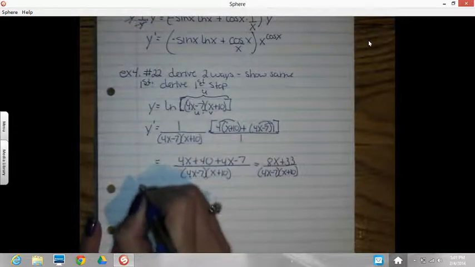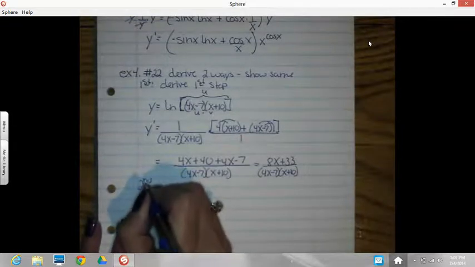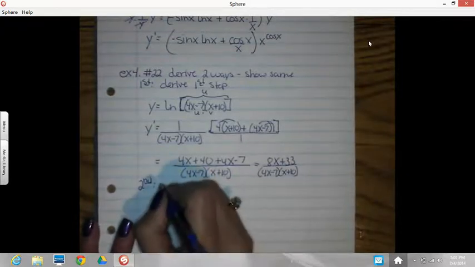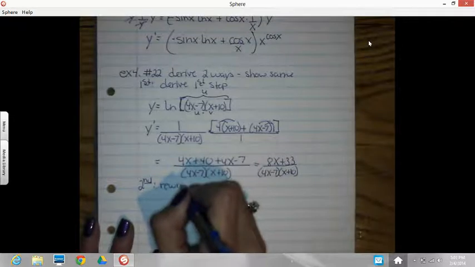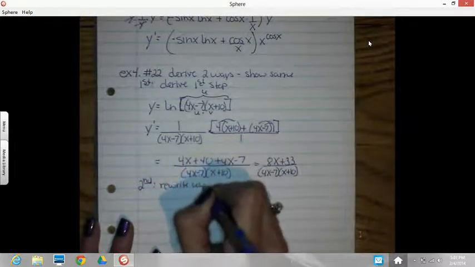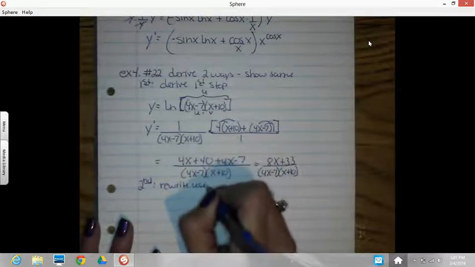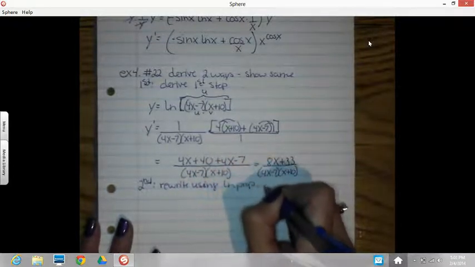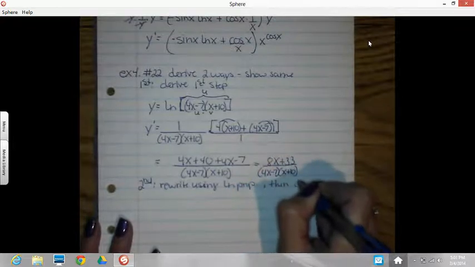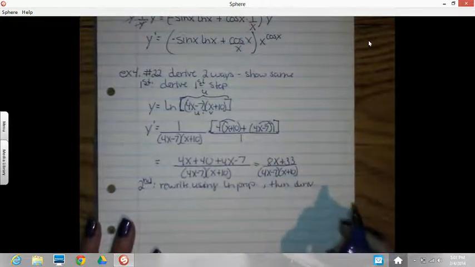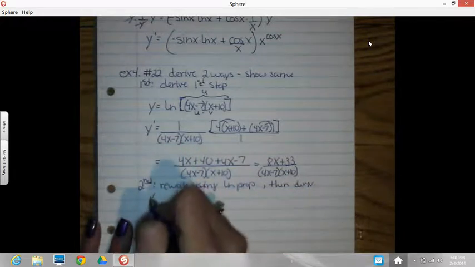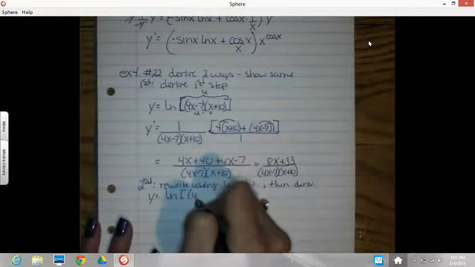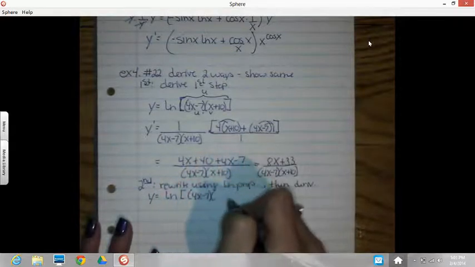The second way, hopefully it fits, we want to use a log property to rewrite first. So rewrite using a log property. Then derivative. So we're starting with that same equation, y equals natural log of 4x minus 7 times x plus 10.